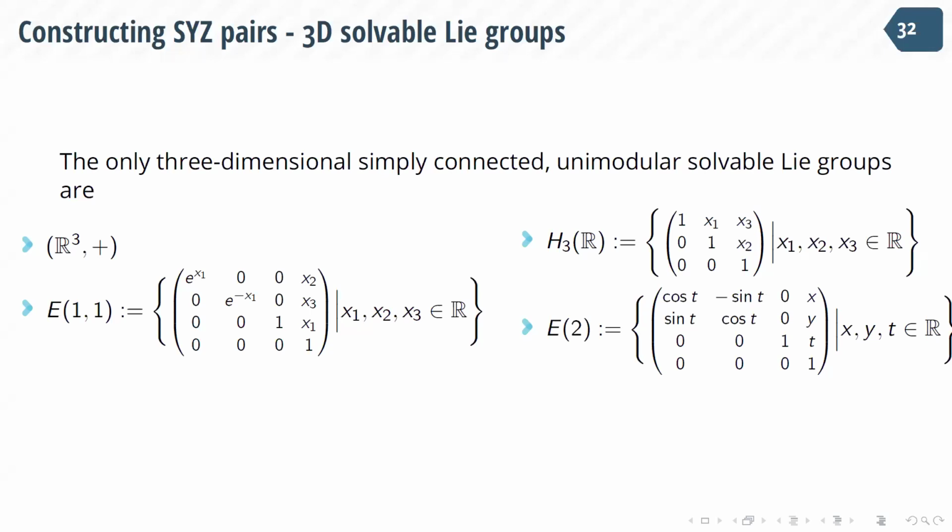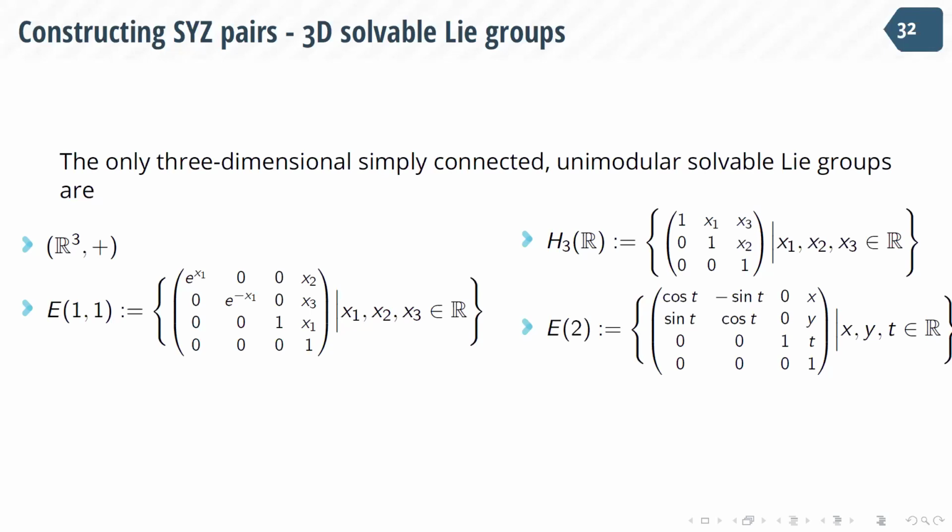This Lie group can be used to obtain other examples of semi-flat mirror pairs, but we have excluded it from our treatment because the cohomology computations are more involved.